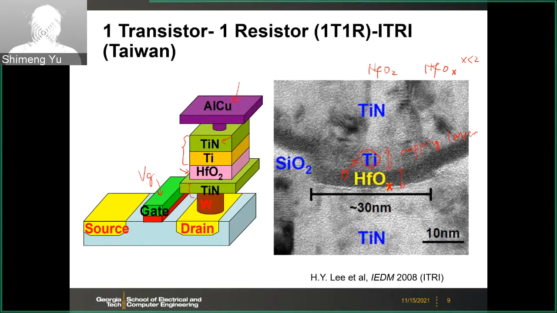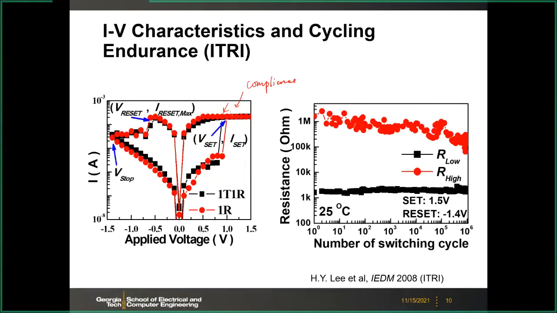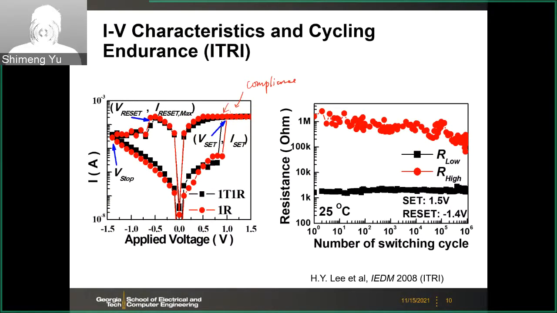If you increase the gate voltage, you allow more current to flow through. If you use that as the compliance current, then you can limit the maximum current flowing through the RRAM device. So the gate voltage in this case is the tuning knob to determine the current level in the low resistance state.